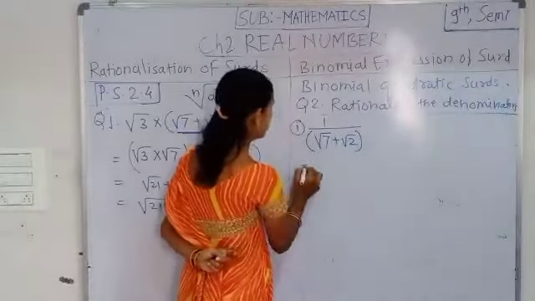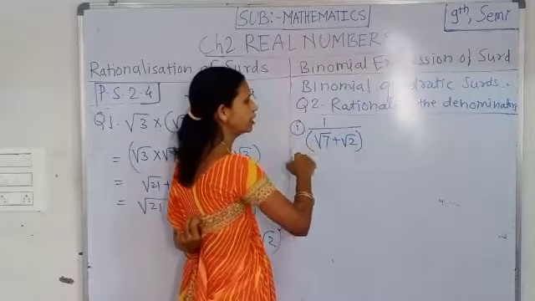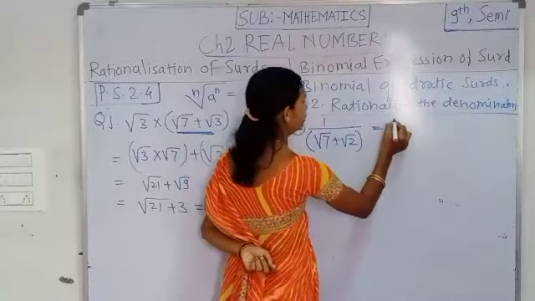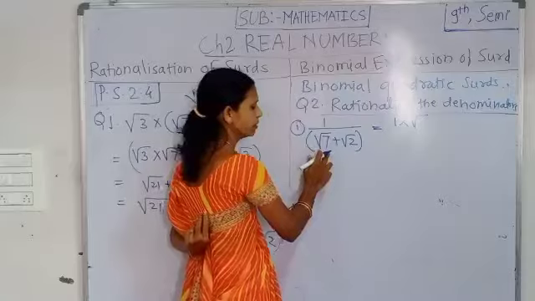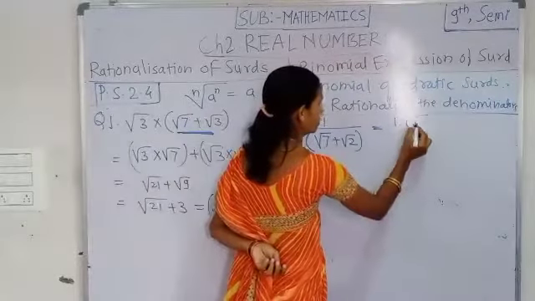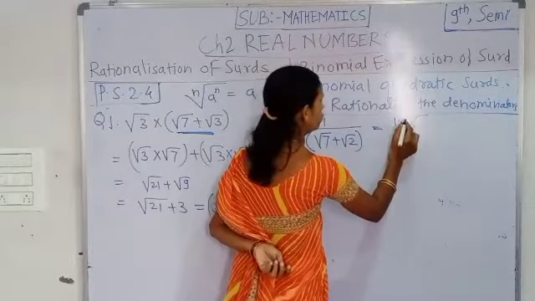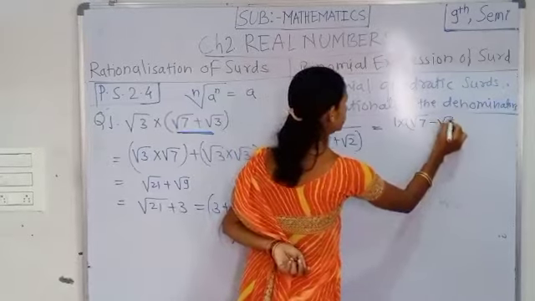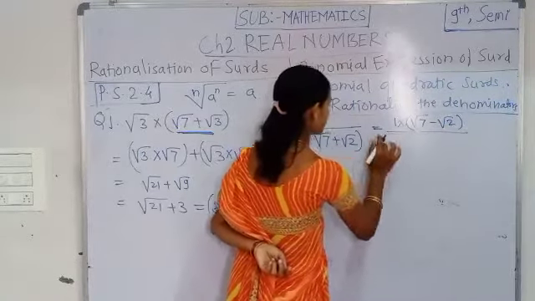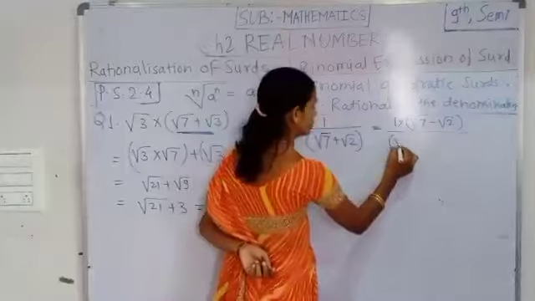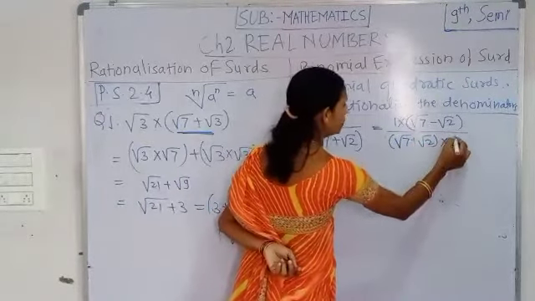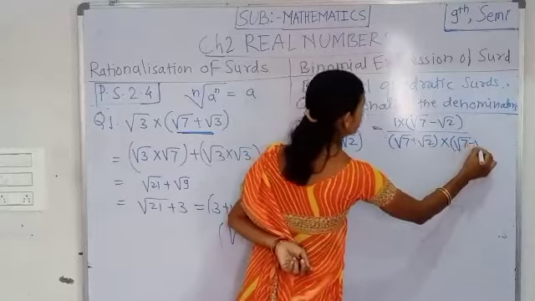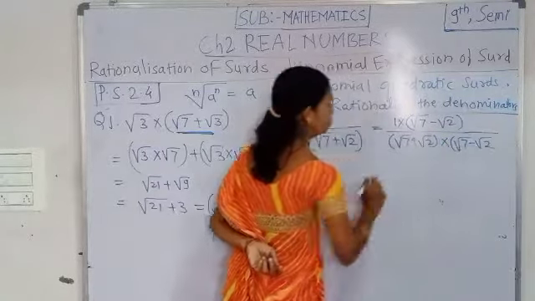Therefore, see here, to rationalize that denominator, we have to multiply by the conjugate pair of this surd. Therefore, here 1 into root 7 minus root 2 upon, here the denominator is root 7 plus root 2, which is also multiplied by root 7 minus root 2.